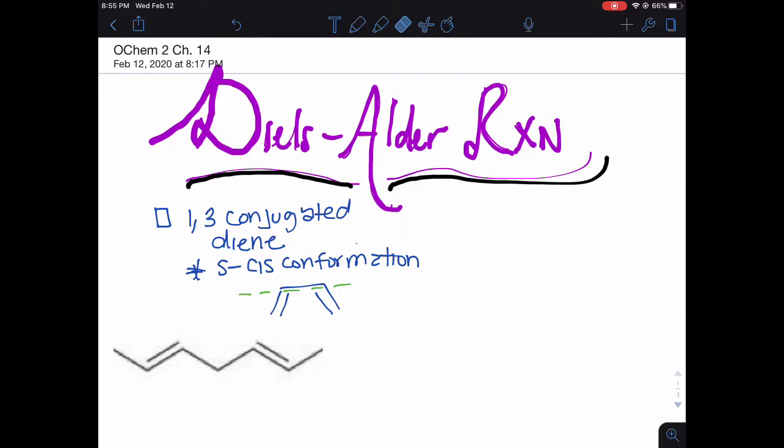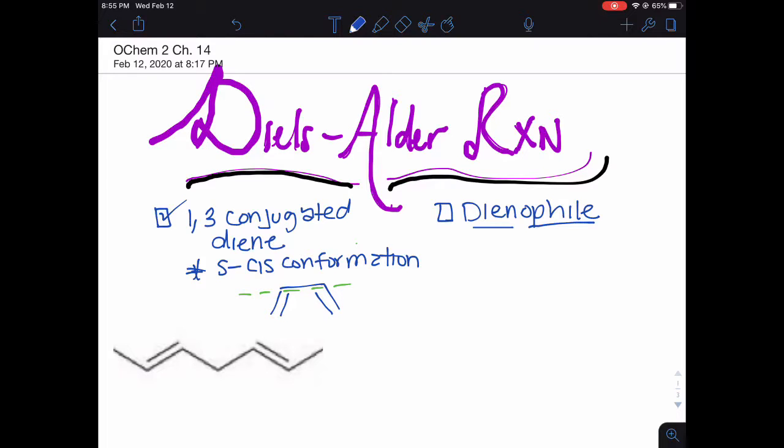All right. So now the other part of a Diels-Alder reaction is to have a dienophile. The diene part of dienophile comes from the fact that you have a diene, and then the phile is loving, right?